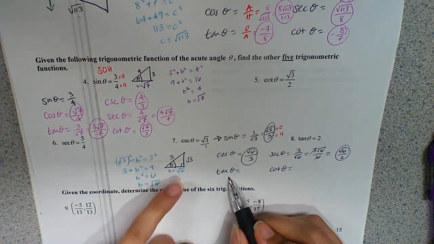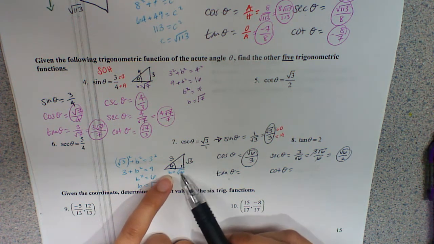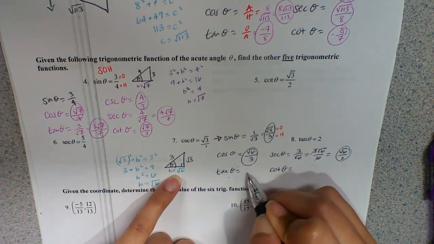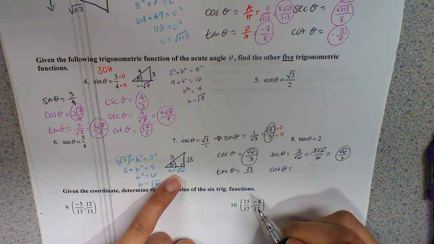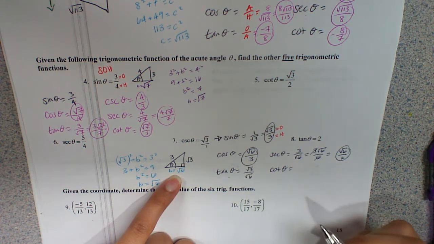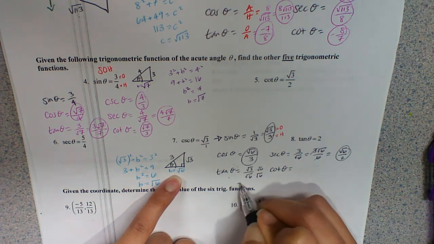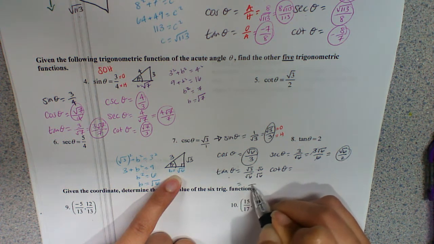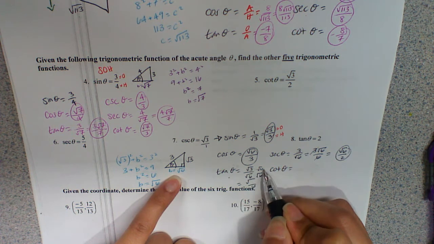Okay, tangent will be opposite over adjacent. So opposite is root 3 and adjacent is root 6, and we do have to rationalize. Here's how this one works. At the bottom you do end up with 6. At the top though, you keep the square root and you just multiply the numbers that are on the inside.